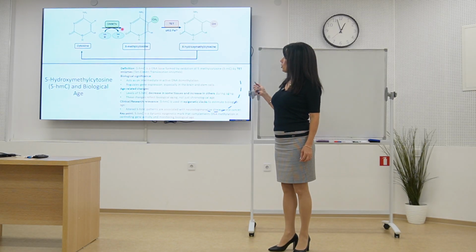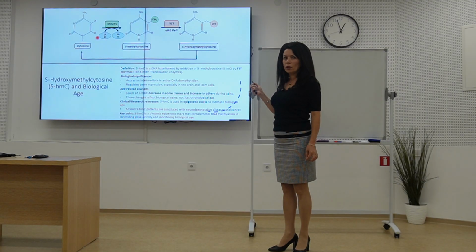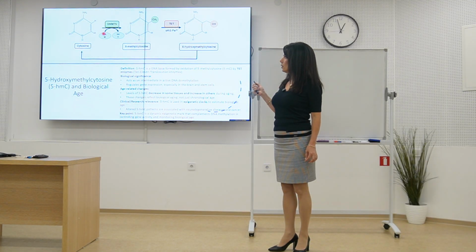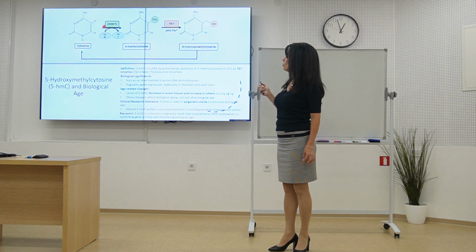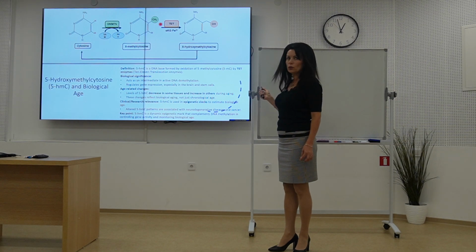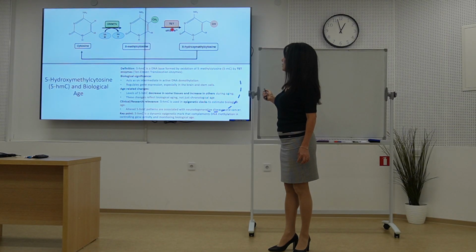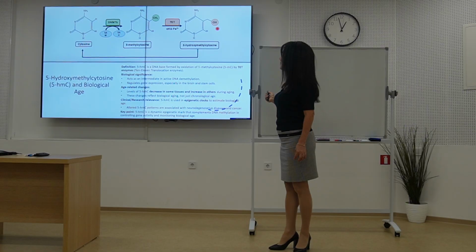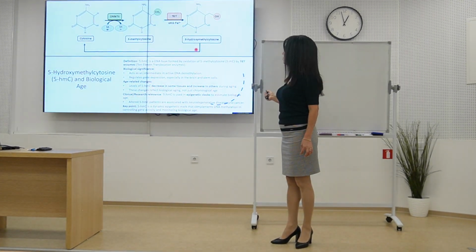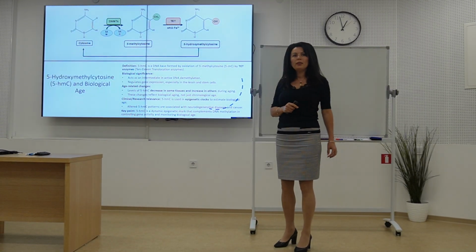This enzyme, methyltransferase, uses the cofactor S-adenosylmethionine for the transfer of the methyl group. After the methylation of cytosine to 5-methylcytosine, there is participation of some enzymes, translocation enzymes, and additional hydroxylation, and this is the final product, 5-hydroxymethylcytosine, which can be tested.